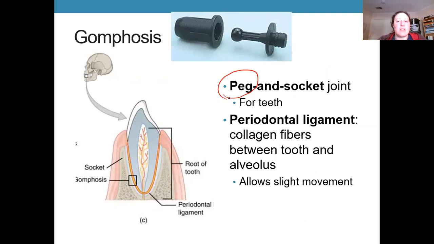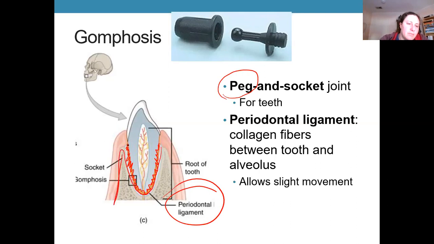And these are exclusively referring to the joints between teeth and the holes in our jaw bones that the teeth sit in. So there are short little collagen fibers that are called the periodontal ligament that sit between the teeth and the alveolus, which is what we call the little bone hole. And so peg and socket is the other term we see for it.